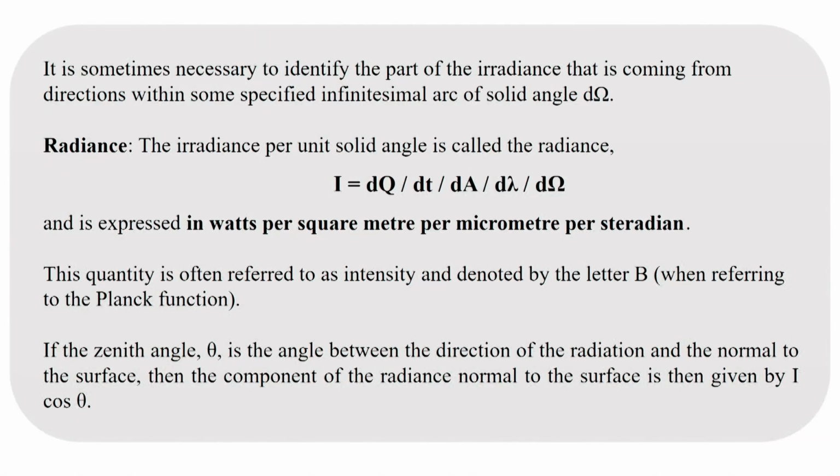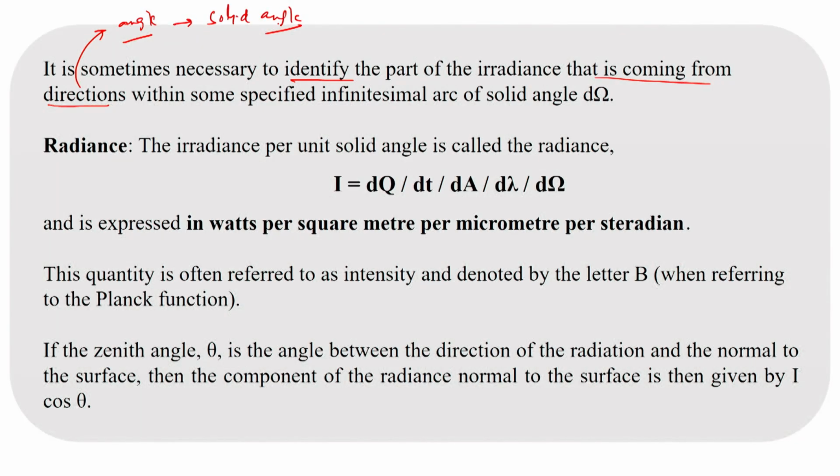So you can see this one. In the previous slide I showed that irradiance is coming from different directions. Different directions means you have an angle, and when you have a 3D object, this angle is generally called a solid angle.